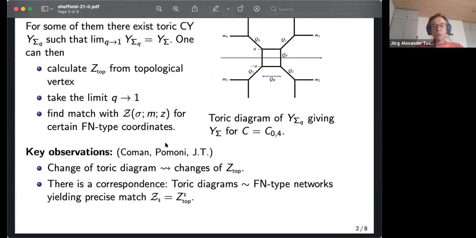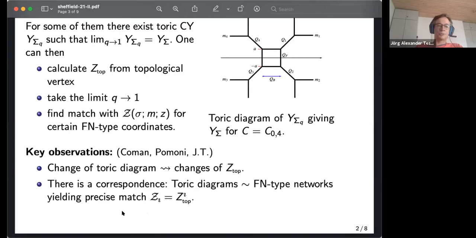So it seems to work. The lesson there was that Z top wants to jump, we cannot avoid it, but on the other hand there seems to be a nice geometry in which these jumps naturally appear and are naturally part of a beautiful geometric structure that governs this.